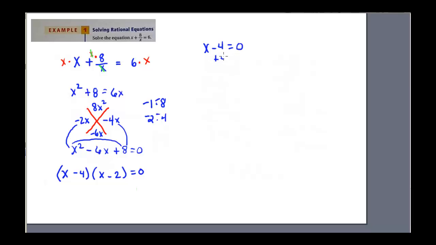Add 4 to each side, and we get x equals 4. Do the same thing with x minus 2, set it equal to 0. Add 2 to each side, and we get x equals 2. So we have two possible solutions, 4 and 2.